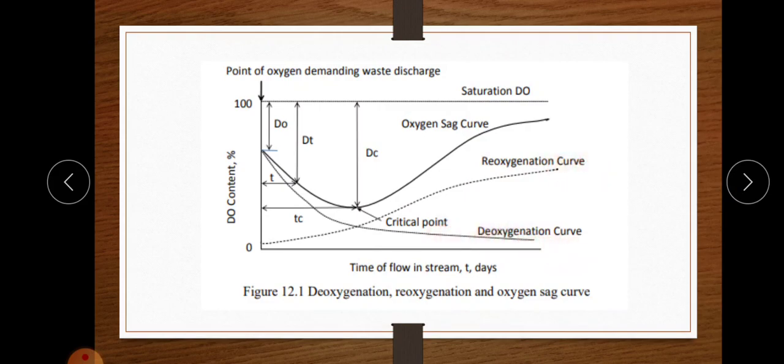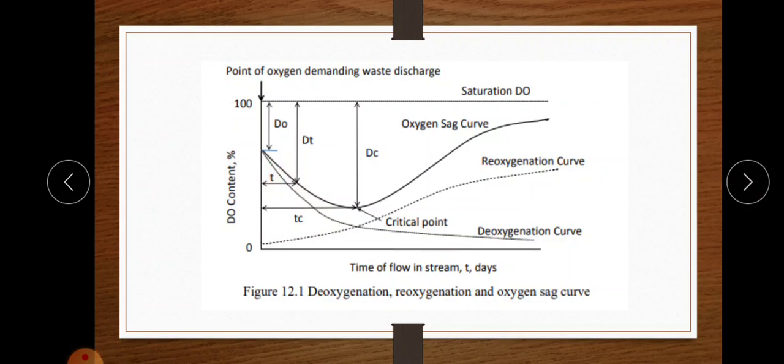The first process is deoxygenation, that is, initially the oxygen content is reducing, so we can discuss the deoxygenation curve. In a polluted stream, the dissolved oxygen content goes on reducing due to the decomposition of volatile organic matter.